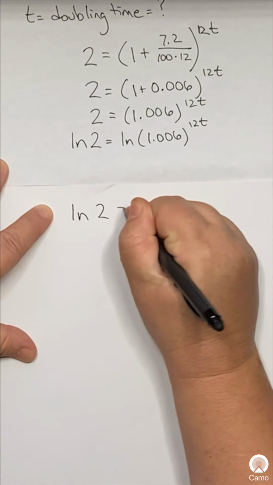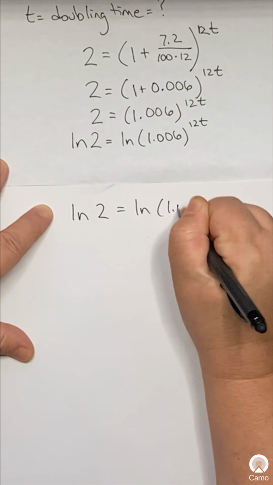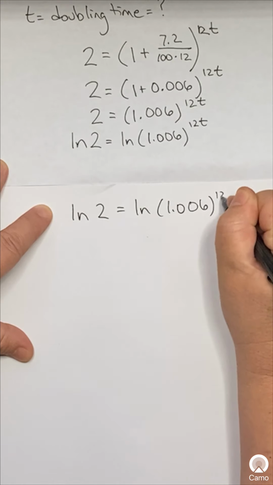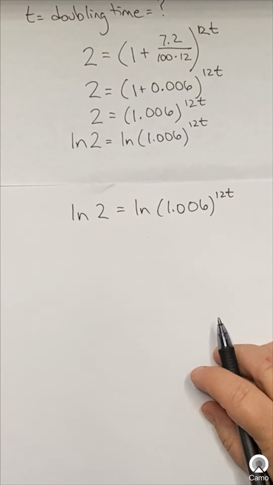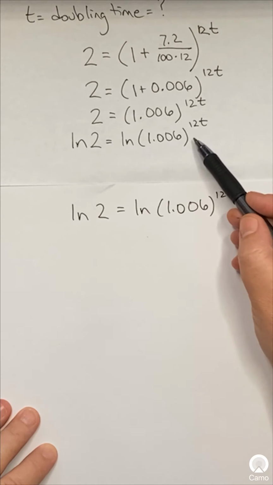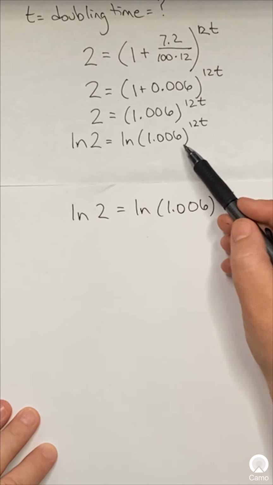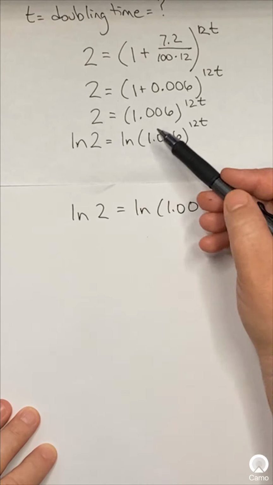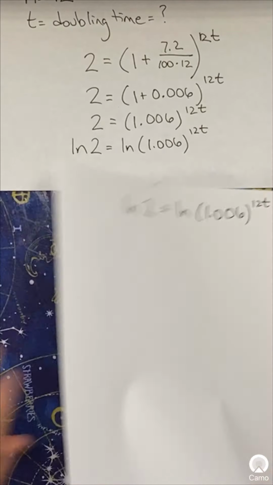Okay, natural log of 2 equals natural log of 1.006 to the 12t. If I haven't said it in a million videos already, remember, my perspective is you always write down exactly what you ended with to begin with. Don't try to do any math when you switch pages.